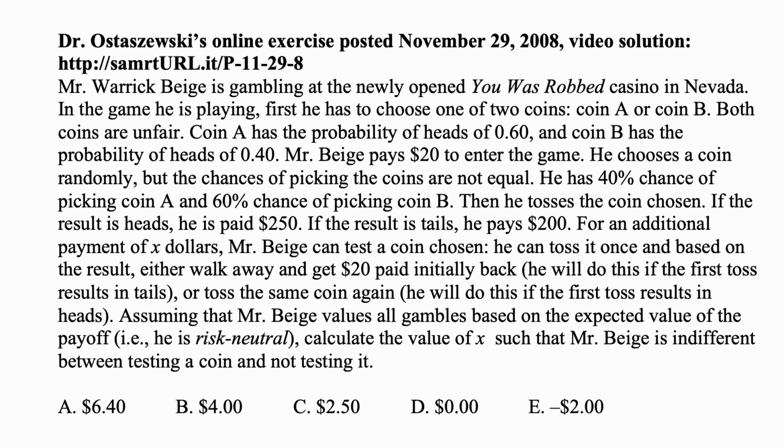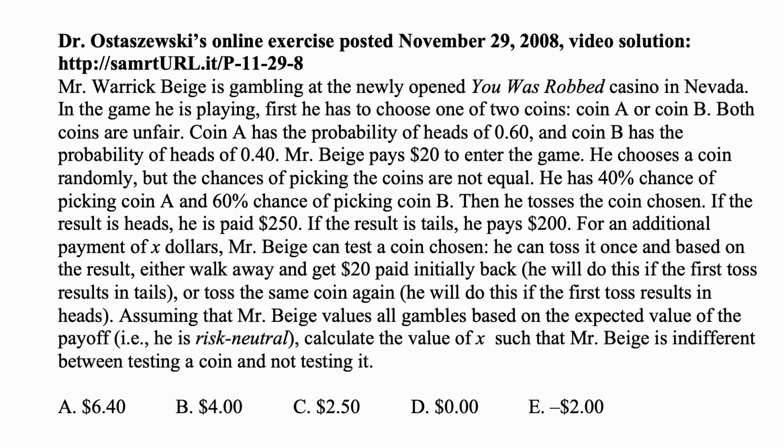If the result is heads, he is paid $250. If the result is tails, he pays $200. For an additional payment of X dollars, Mr. Beige can test a coin chosen. He can toss it once and based on the result, either walk away and get the $20 paid initially back.